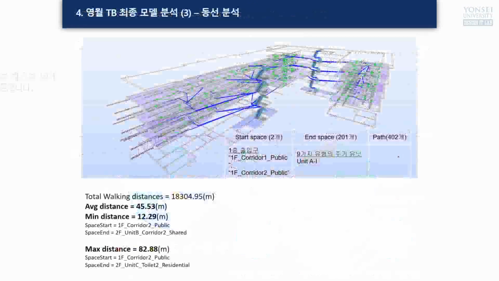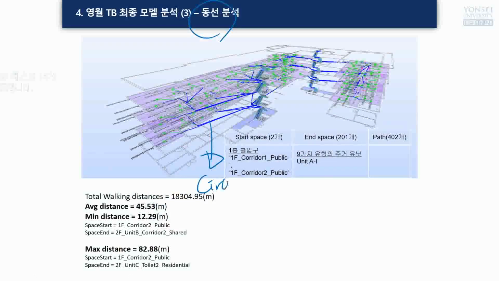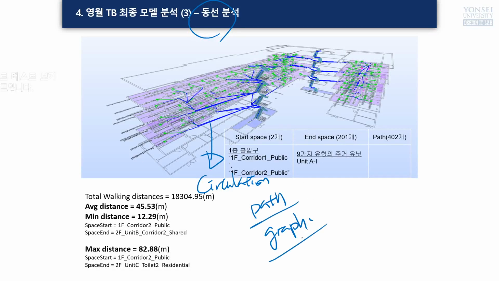Okay. Next one is circulation, building circulation. Take a look. This is a circulation path graph. These can be generated nowadays even on top of Revit. So we're going to review that as well. By using Revit, you can generate this kind of circulation path graph.